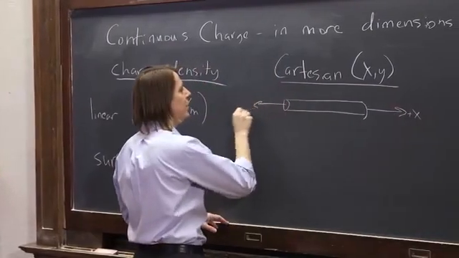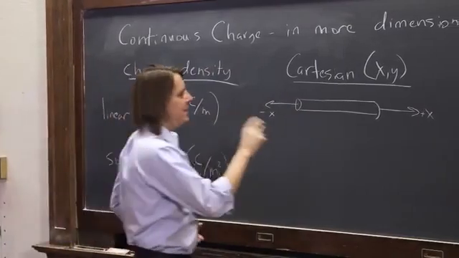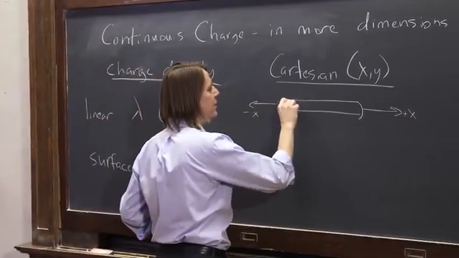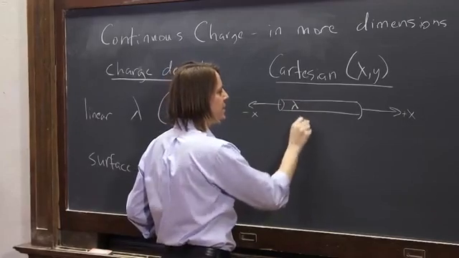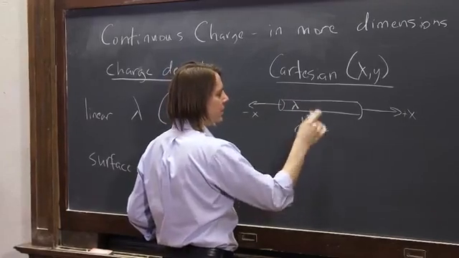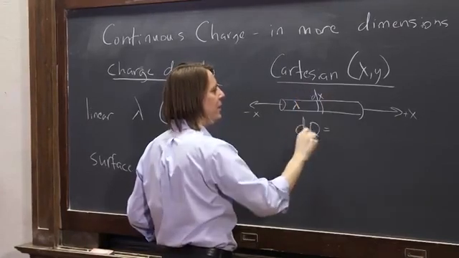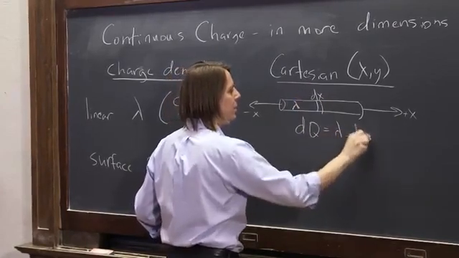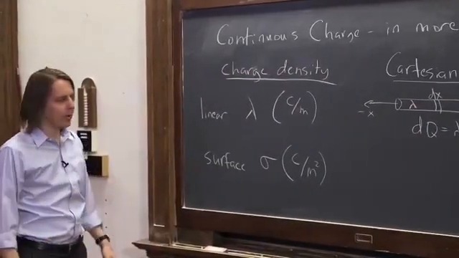We put plus x that way and minus x that way. We put the origin in the middle. But the key was this line of charge had a charge density lambda, and when we treated this as little individual charges, we had a little length dx, so dq was just lambda dx. And we set up the integral from there.